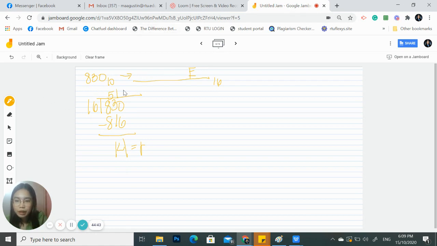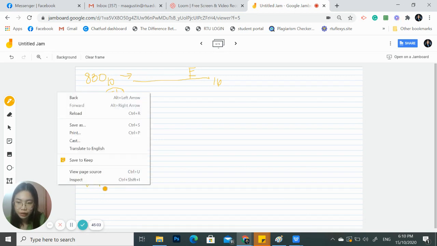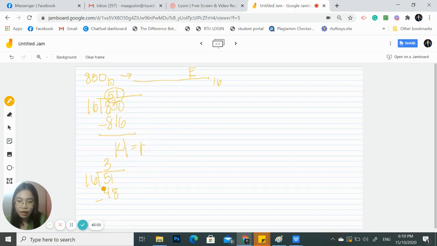So, meron pa tayong 51. 51 divided by 16, that will be 3. So, 3 times 16, that will be 48. Okay, so 51 minus 48, that will be 3.